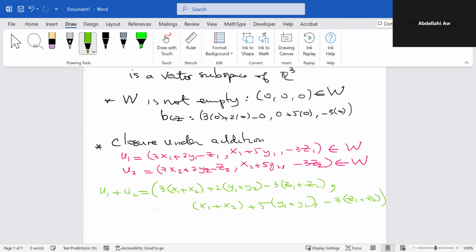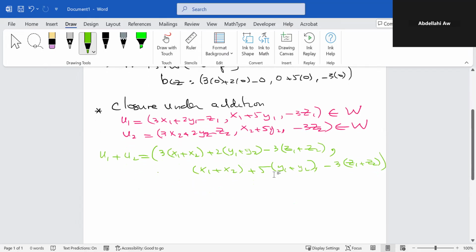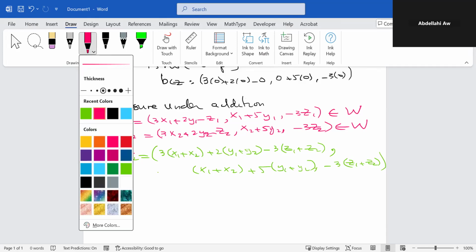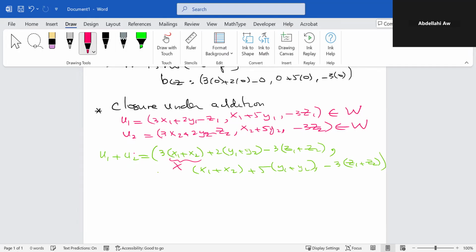You see? Now, why is this one an element of W? Because if I call this capital X, that capital Y, and capital Z, then it's of the form 3X plus 2Y minus 3Z as the first component, then X plus 5Y as the second component, and negative 3Z.